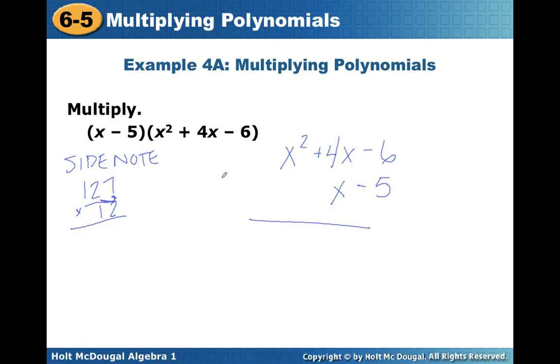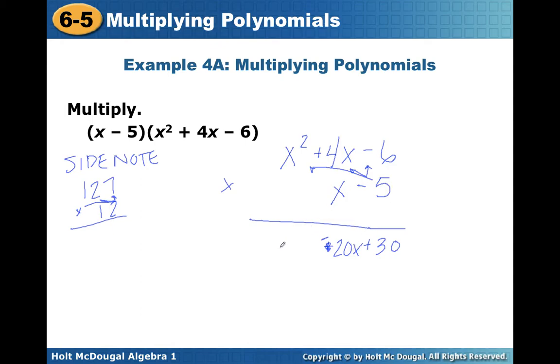So in this case, we're going to multiply 5 first by everything. So 5 times negative 6, 5 times 4x, and 5 times x squared. So when we do this, negative 5 times negative 6 gets me a positive 30. Negative 5 times 4x would get me negative 20x.